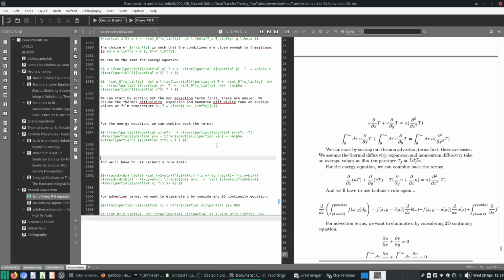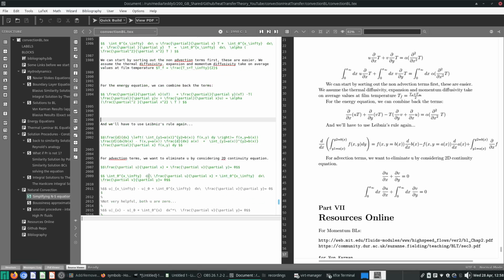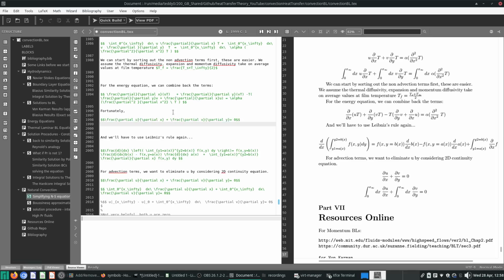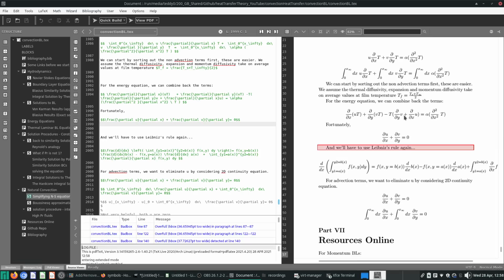One thing I want you to note is that dv/dy plus du/dx equals 0, because of the continuity equation. Fortunately, we can use the continuity equation to say that all these terms will drop out.